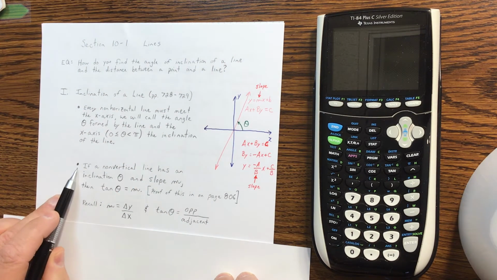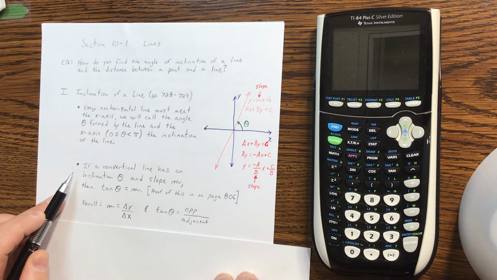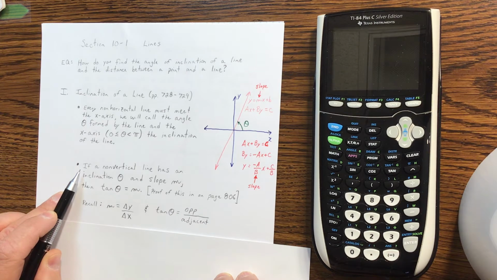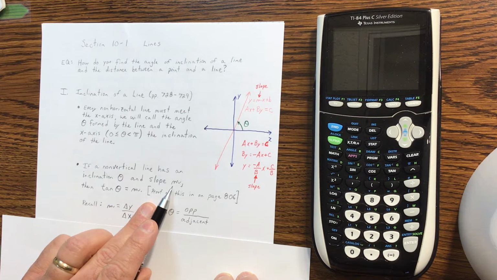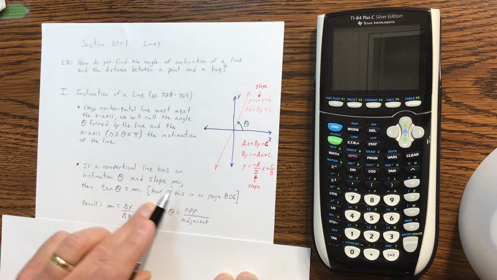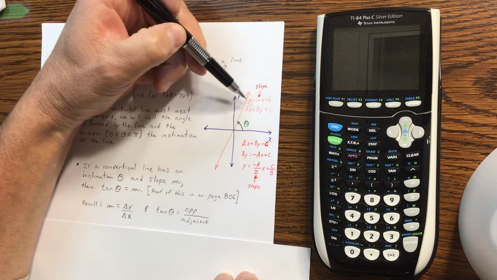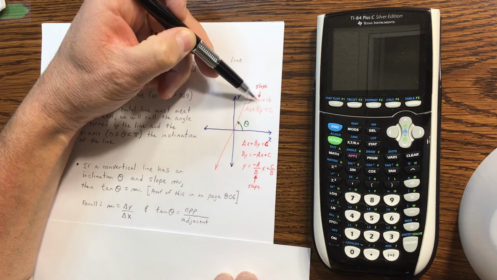All right, now, point number 2 sets up how we go about doing this. If a non-vertical line has an inclination angle and a slope of m, which you guys are very, very familiar with, slope. I have taken the time over here. Over here is your slope-intercept form. The coefficient of x is your slope.